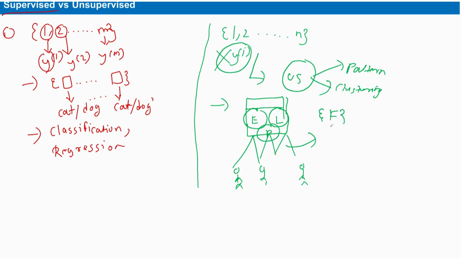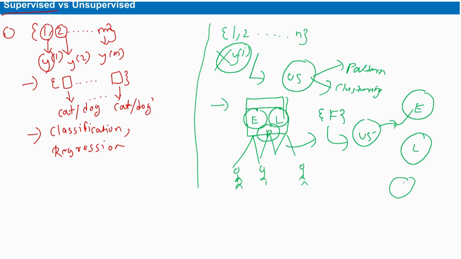These features are fed to the unsupervised machine learning algorithm, and from these features the algorithm will find the patterns and create different segments of customers, like who belongs to entertainment, who has the intention of learning, or who has the intention of productivity. So this is one real-time example I gave.